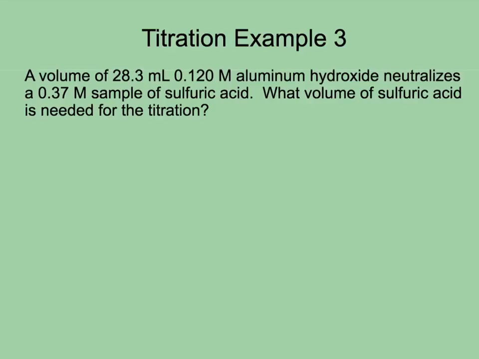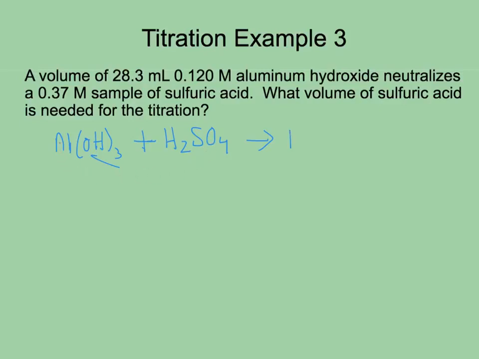So as always, we're going to write our equation. Aluminum hydroxide, that's ionic. Aluminum ion is 3+, hydroxide is OH minus. So Al(OH)3 plus sulfuric acid is H2SO4 yields. Put the two middle ones together, that gives you water, and the two outer ones together will give you aluminum sulfate.